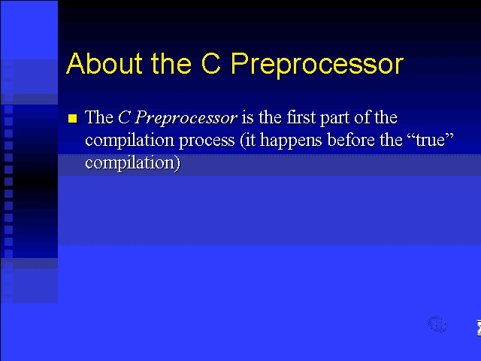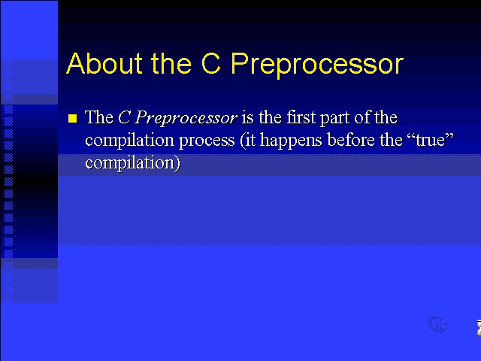The preprocessing is optional. It doesn't have to be there. Obviously the regular compilation is not optional. It does have to be there. But whether you take advantage of the C preprocessor directives that I'm going to describe in this chapter or whether you don't, the C preprocessor always gets to have a look at the C program first before the file is compiled.